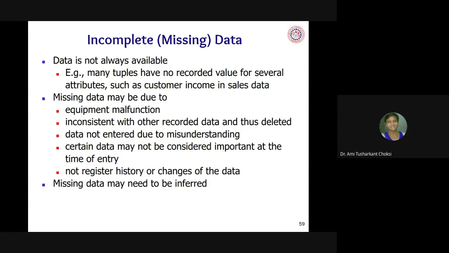No. A programmer can design the application in such a way that the customer has to enter every detail. But in many cases, people have to design it so that some fields are optional, depending on the particular business, right? So if it is optional, people may not fill in the data for that, right?